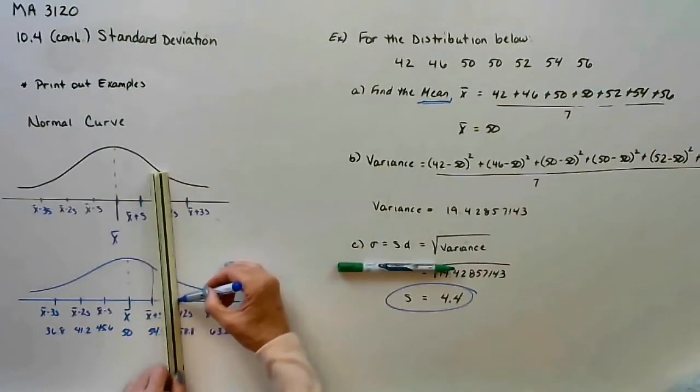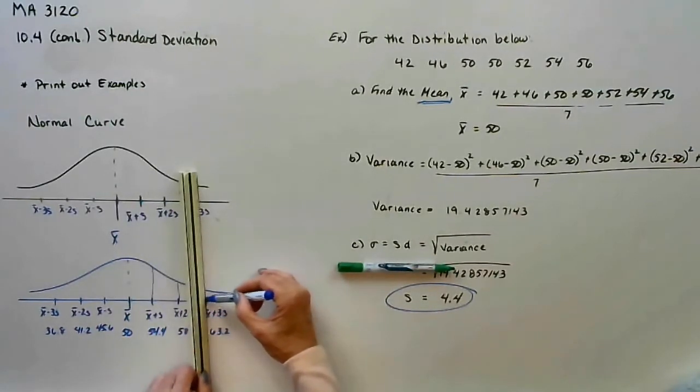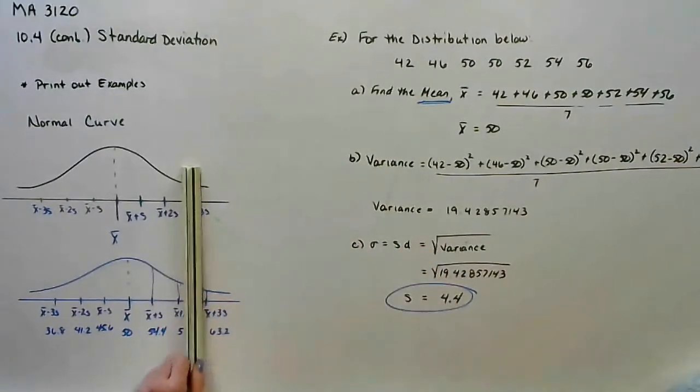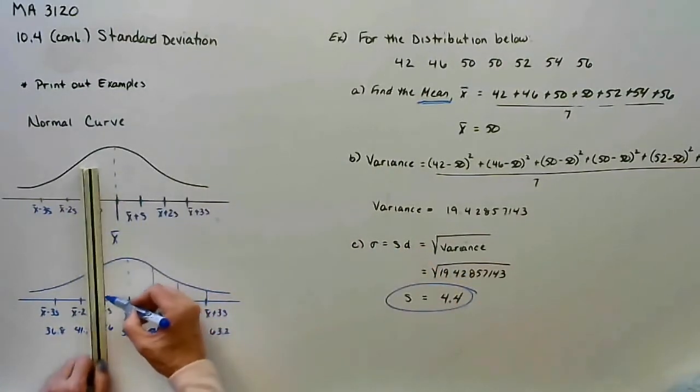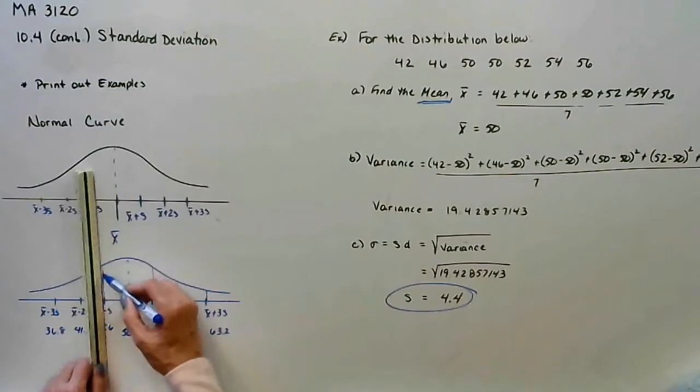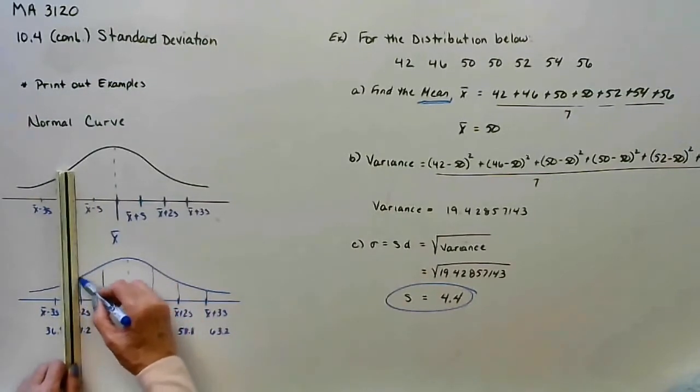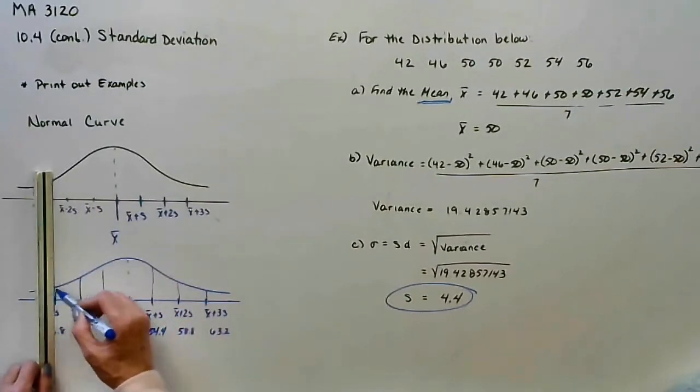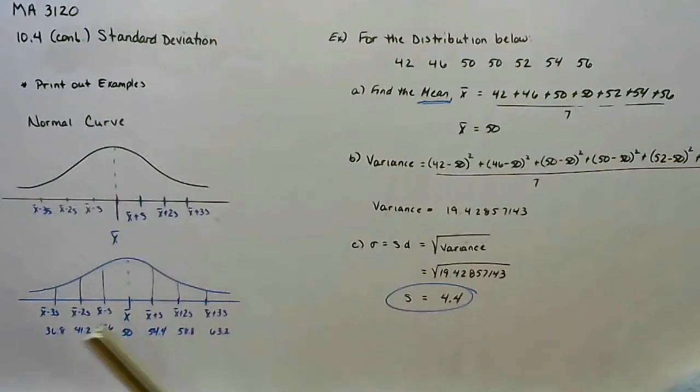Here's a second standard deviation away. Here's a third standard deviation away from the mean. And the empirical rule says that within two standard deviations, we should have 95% of our data. Okay, but that's how you create a bell curve.